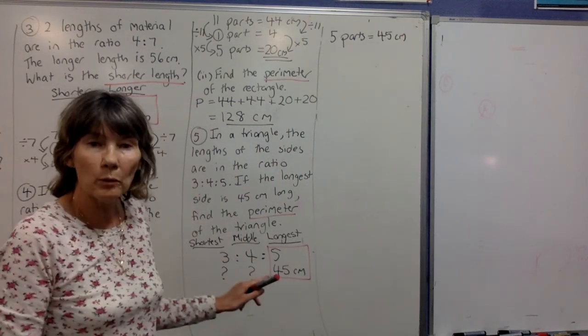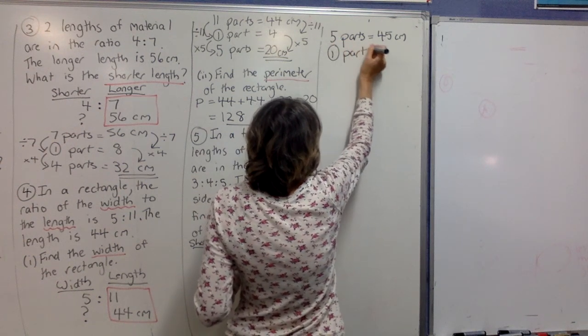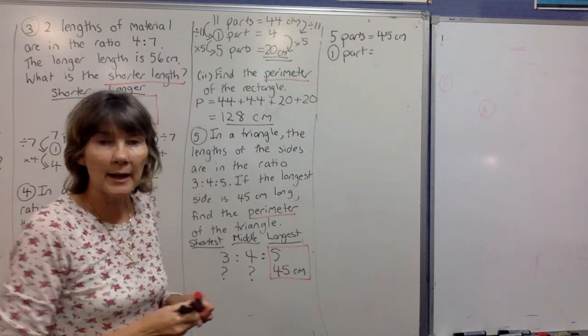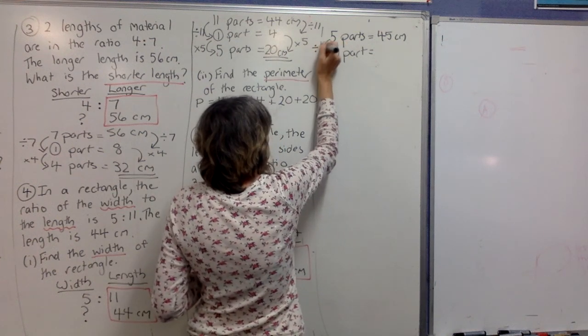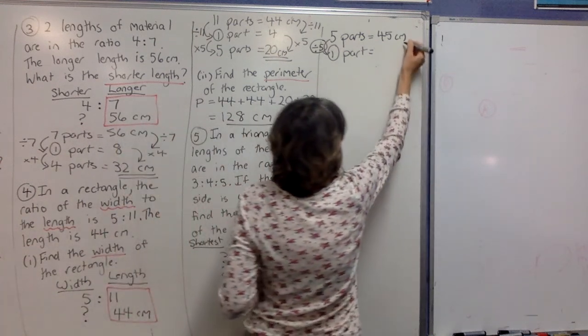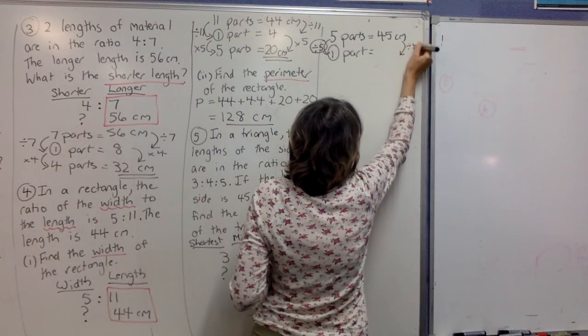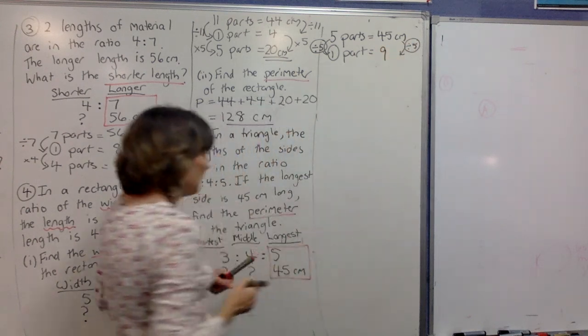Now, we always find one part, remember? How do we go from 5 to get an answer of 1? We divide by 5. And then we come over the other side and do the same thing. Divide by 5. 45 divided by 5 will give you 9.